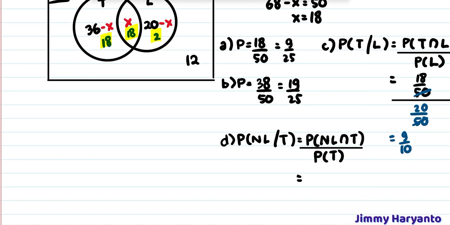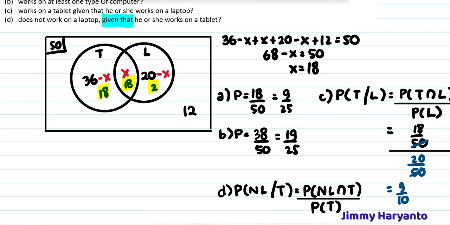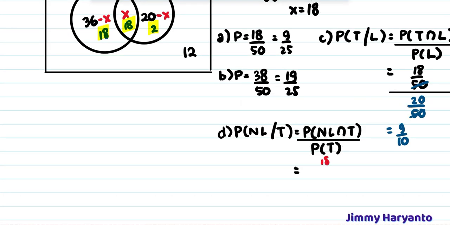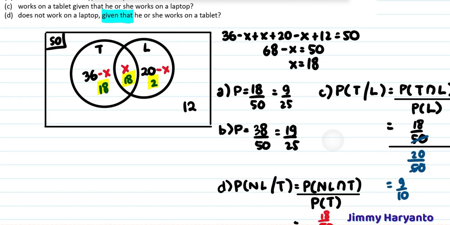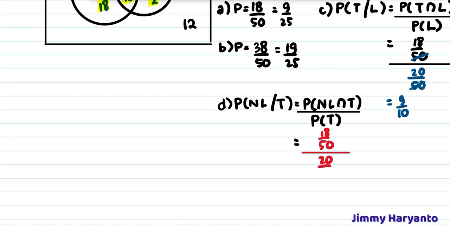Not laptop intersect with tablet is this one, so it's 18. It's 18 over 50 divided by the probability of laptop. The laptop itself is 20 out of 50. So it's the same as before, 9 over 10.